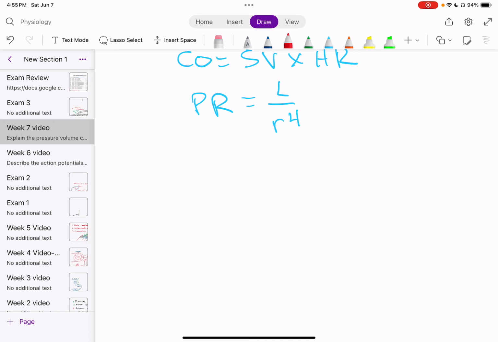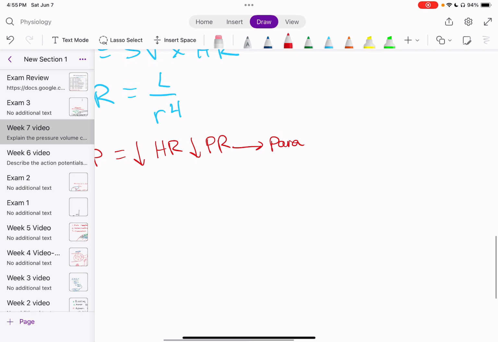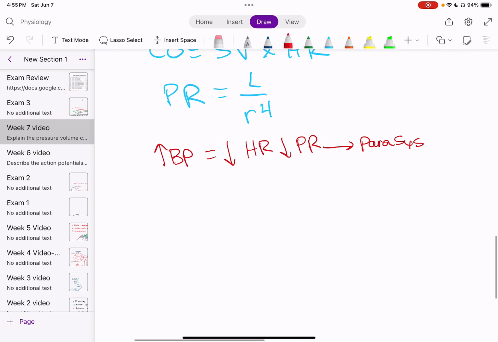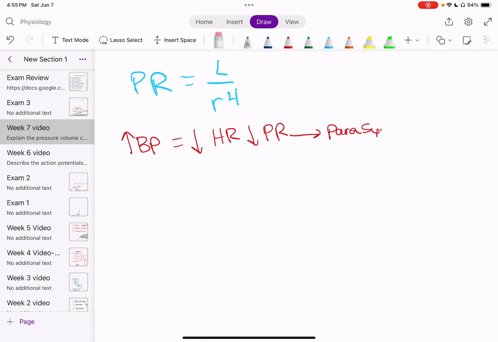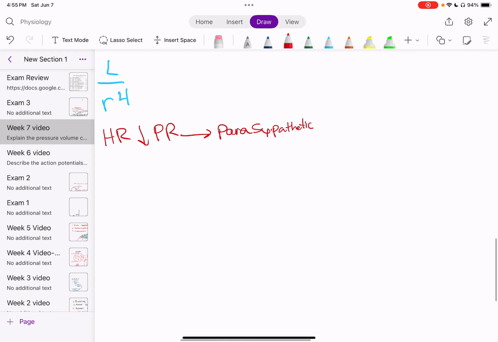And as they sense blood pressure rising, they make the heart rate go down and the peripheral resistance go down by sending a message through the parasympathetic nervous system through the vagus nerve to the brainstem.